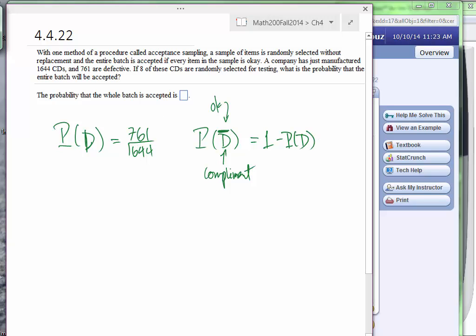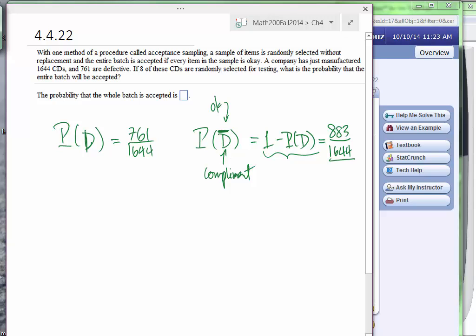If we subtract 761 from 1644, we should get 883 over 1644, and this is our probability that it's not defective.